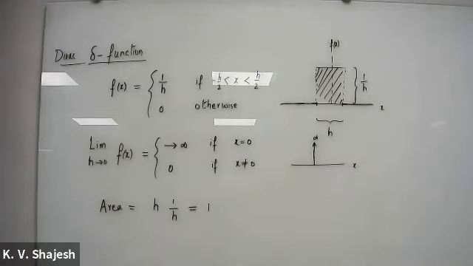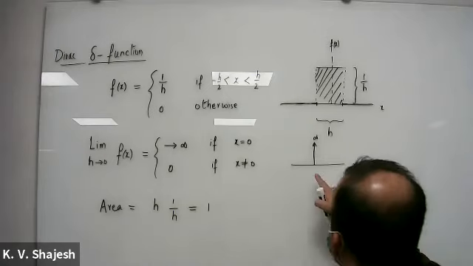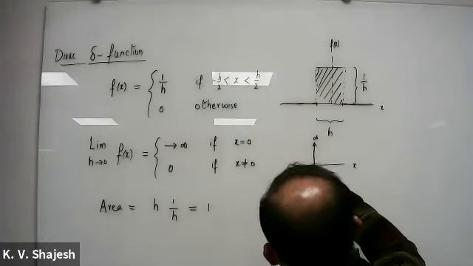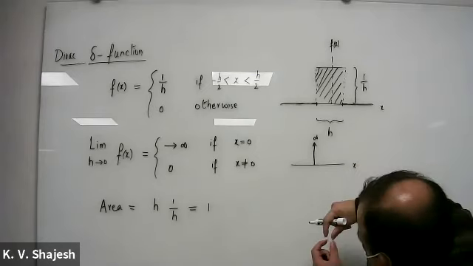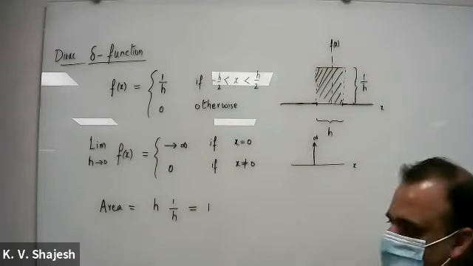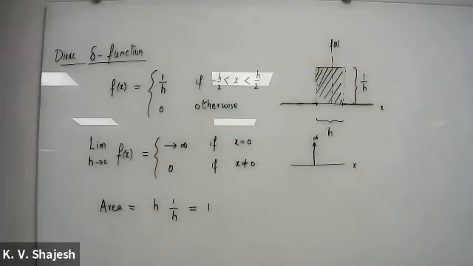And the way it has been chosen, it's remarkable that it is actually independent of h, which means that here also there is a rectangle, right? As h tends to 0, this rectangle is really infinitely tall.